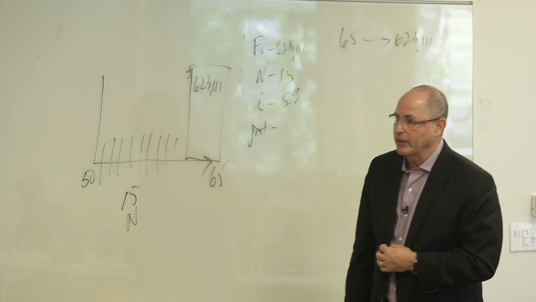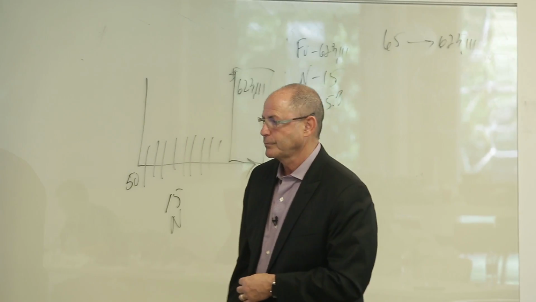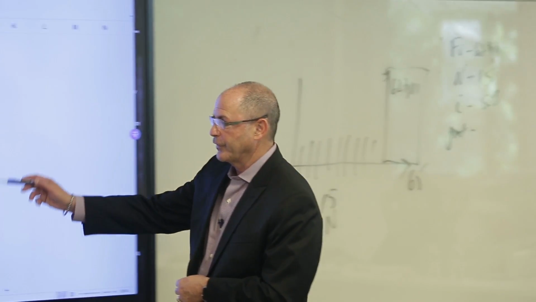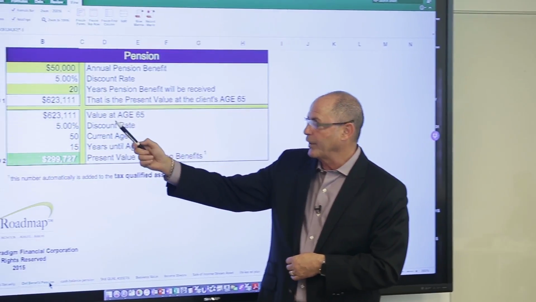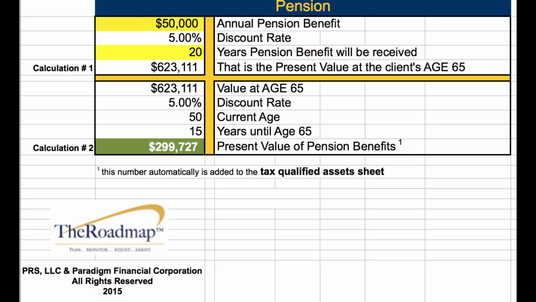Now, Felicia, go to pension. Notice this automatically, once we put in the 5% rate over here, the second part of the calculation told us that the present value today is $299,000.